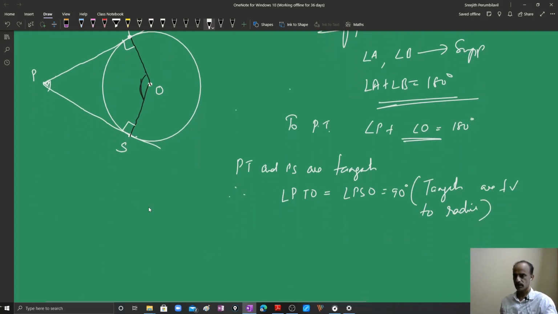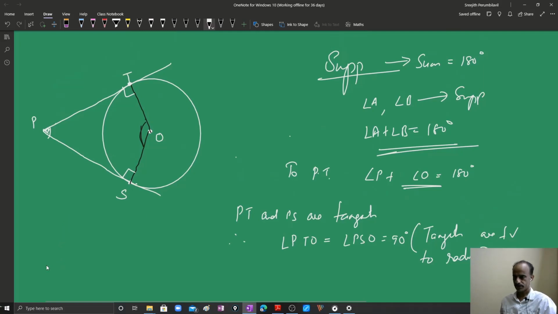In quadrilateral PTOS, I'll write angles with one letter, though if you can, write three letters. I'm writing this for those who can't follow otherwise.